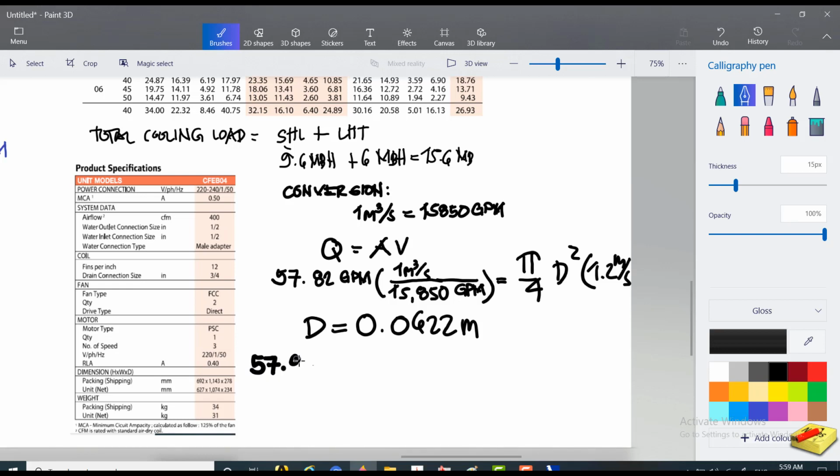Will be 57.82 GPM again. So we have your 1 cubic meter per second, it's 15,850 GPM.